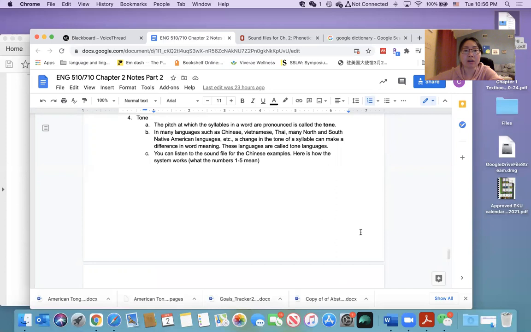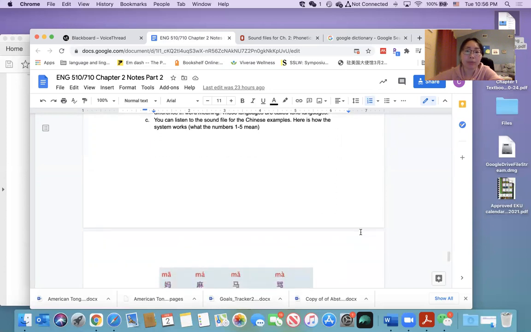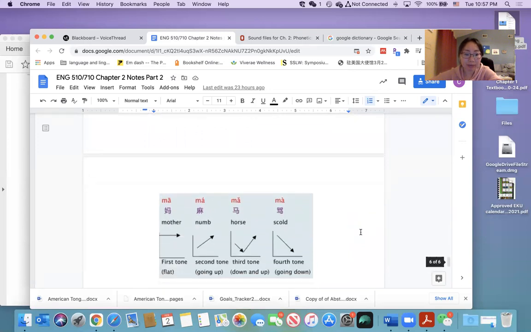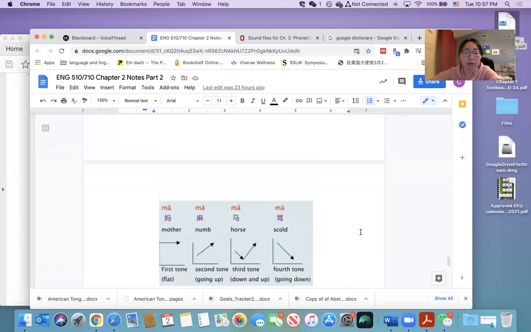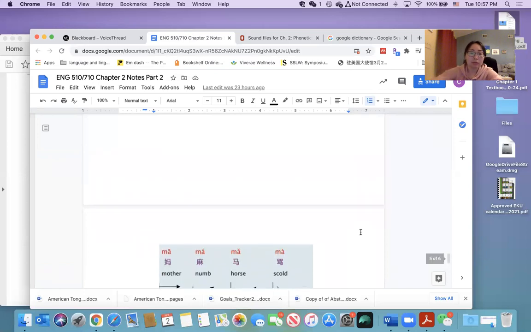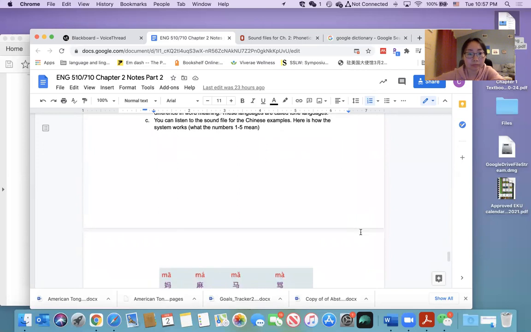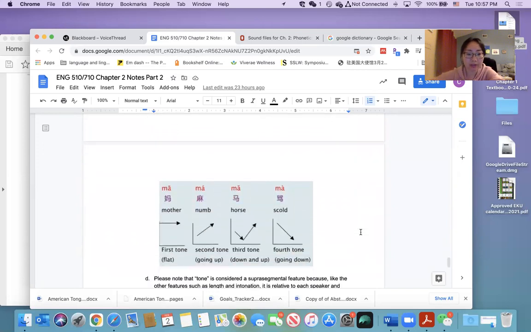And so these are called tonal languages. Here is the example of Chinese, okay? Here is how the system works.